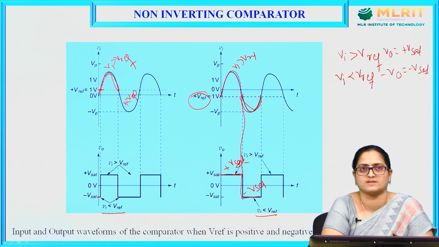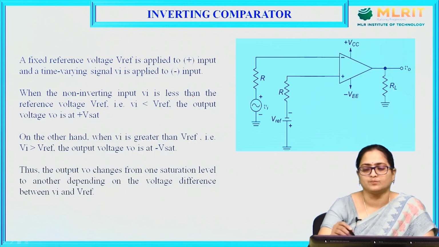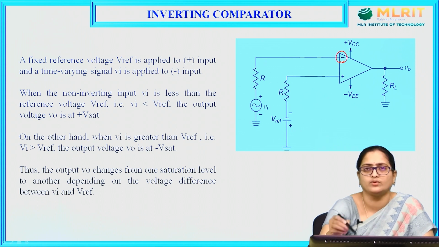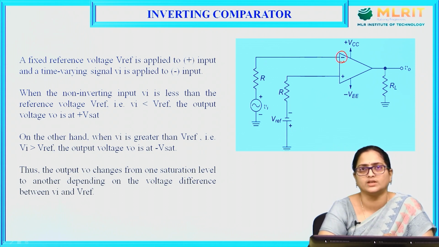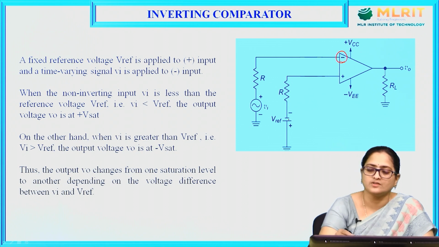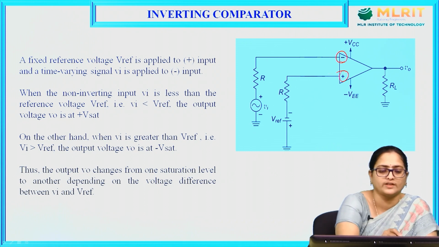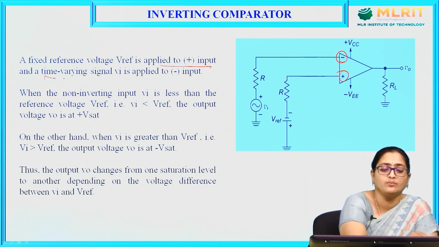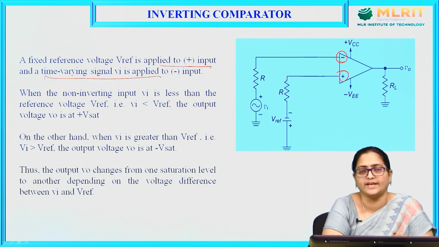Inverting comparator. As the input voltage is connected to the negative terminal, this is called an inverting comparator, and the reference voltage is connected to the positive terminal of the op-amp. Here, a fixed reference voltage is applied to the positive input and the time varying input is applied to the negative input.